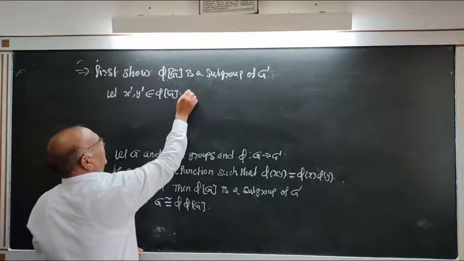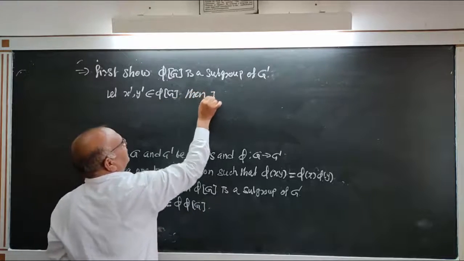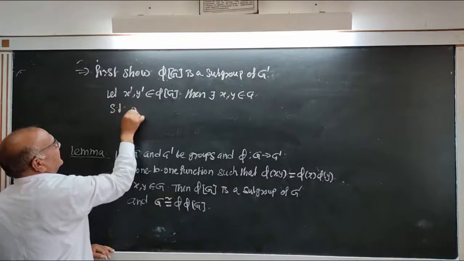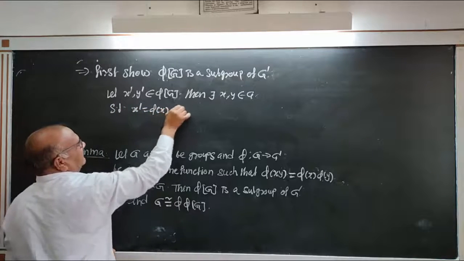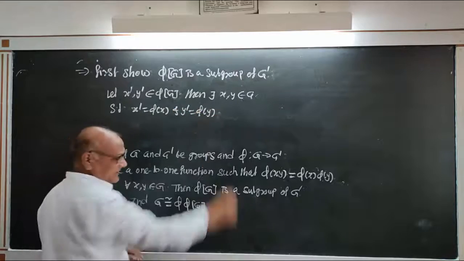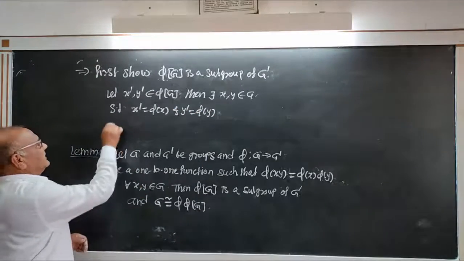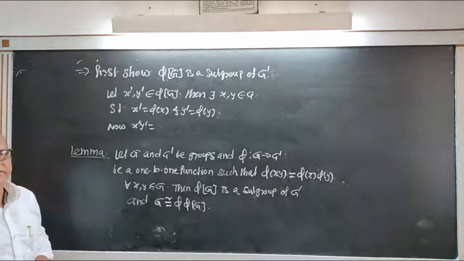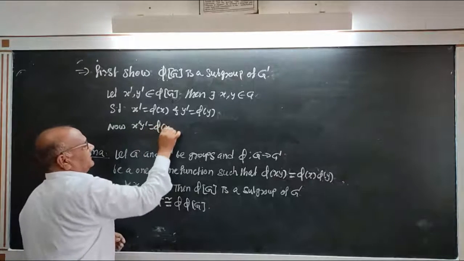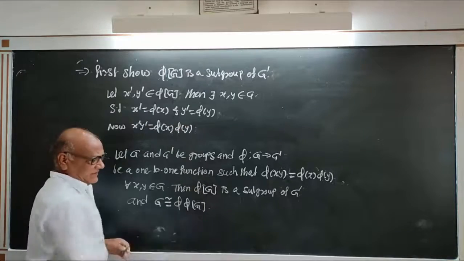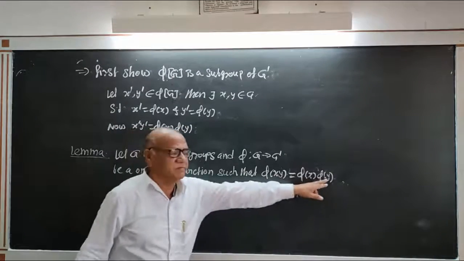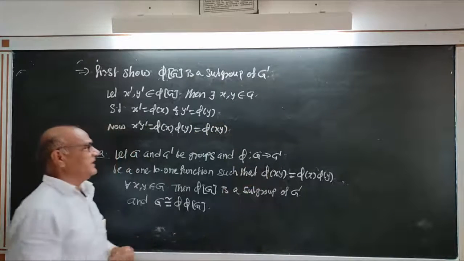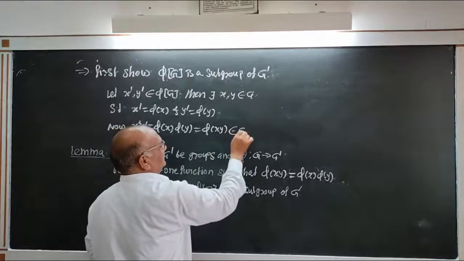Then there exist x, y belonging to G such that x dash is equal to phi of x and y dash is equal to phi of y. Now x dash into y dash is phi of x times phi of y, which equals phi of xy, given.